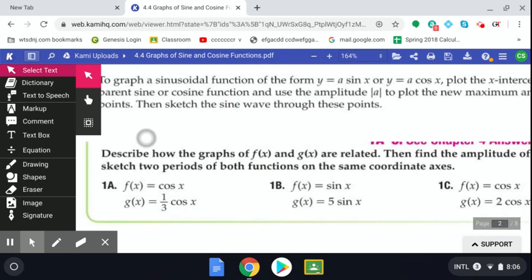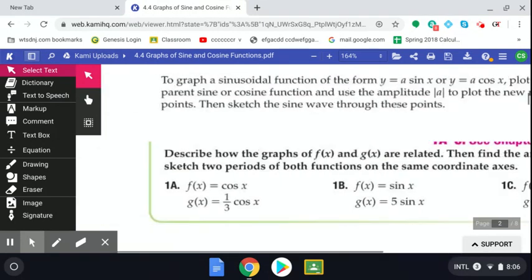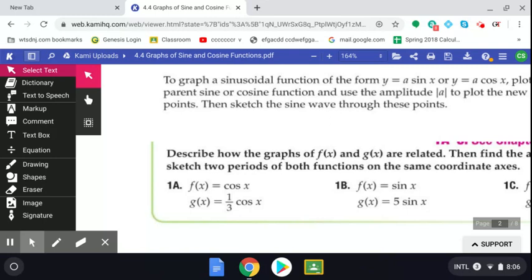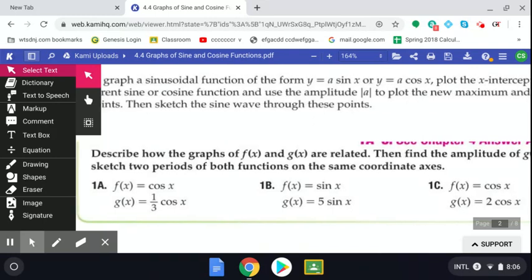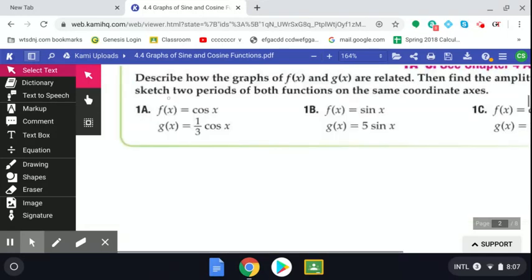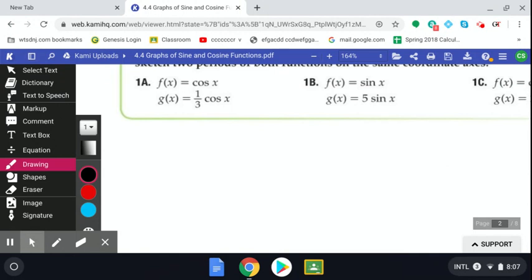So for instance, to graph a sinusoidal function of the form y equals a sine x or y equals a cosine x, plot the x-intercepts of the parent sine or cosine function, and then use the amplitude, absolute value of a, to plot the new max and min points. Okay? So in this case over here, let's take a look at 1a.